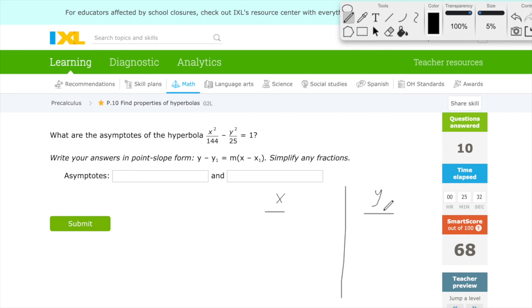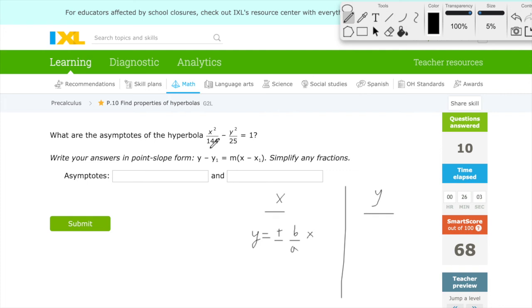If x comes first, so similar to what we have in this problem, we're going to have y equals, and then we're going to have both plus and minus. If you remember from when we were given the picture, we had two asymptotes that crossed each other. And we're going to have b over a, and then x, which we're not going to fill in, just going to fill in the b and the a from these.